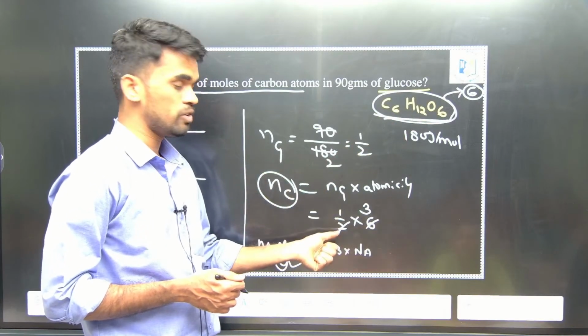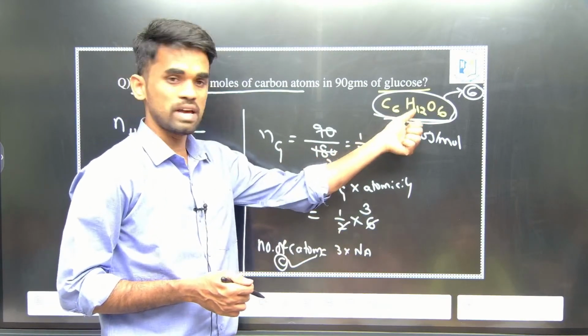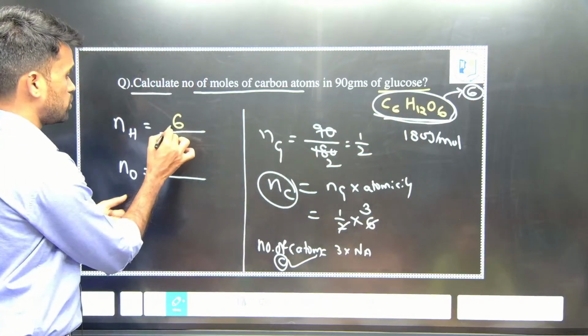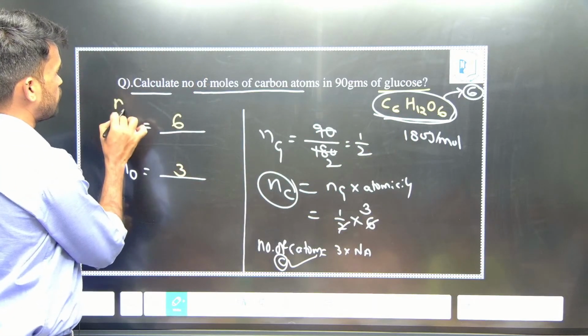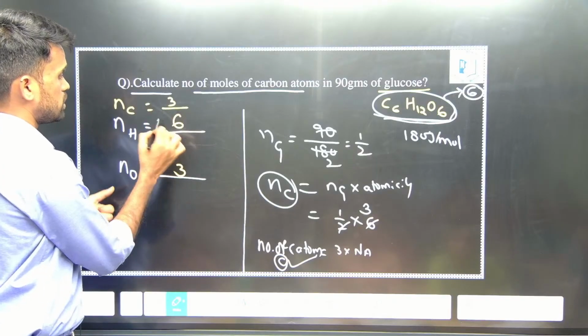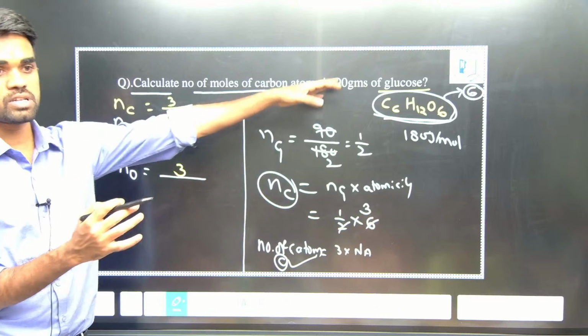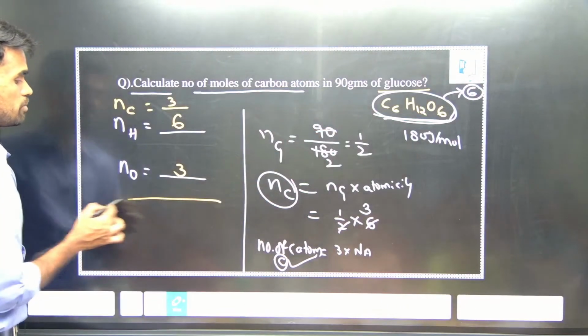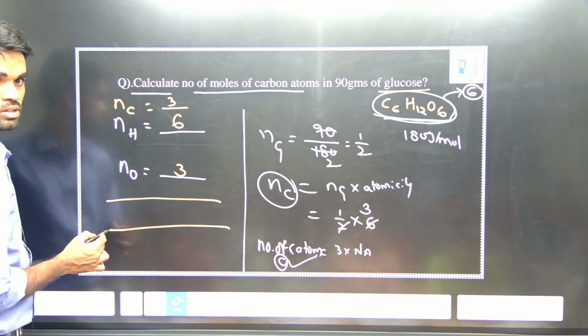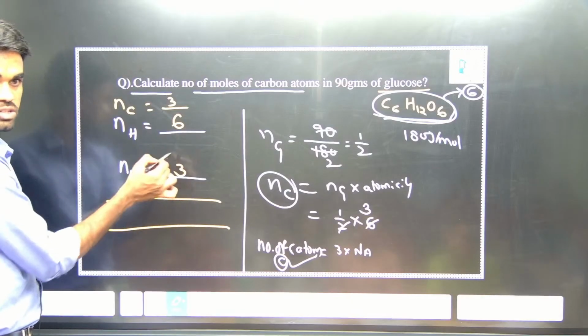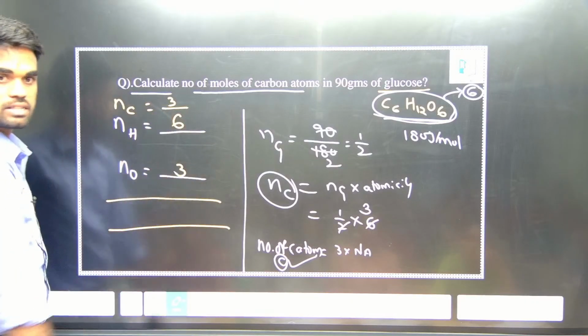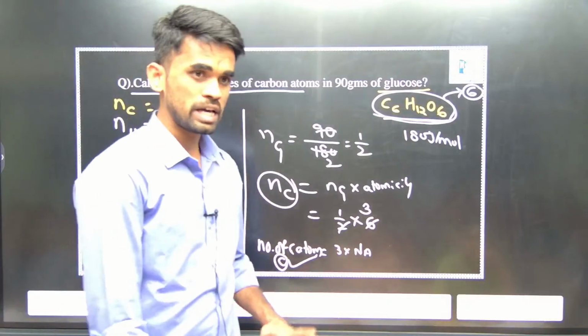Because half mole you got for glucose, into 12. So this is 6. And what about oxygen? 3. So the number of moles of carbon is 3, hydrogen is 6, oxygen is 3 in this many grams of glucose. Now if I ask the total number of moles of all atoms, you calculate 12. That's it. Like that you can do. Okay, is this clear everyone? Yeah.